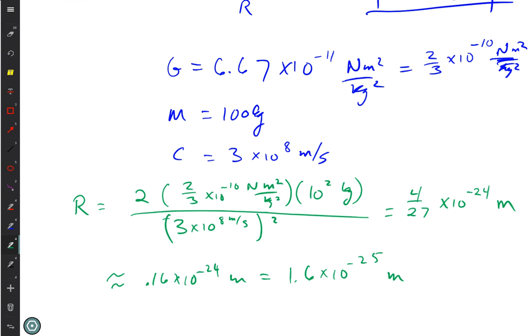What was this calculation? It was the Schwarzschild radius of Russell. So if we crush Russell so that he has a radius of about 10 to the minus 25th meters, Russell would become a black hole. How could we crush Russell to be that small? It is simply not possible.